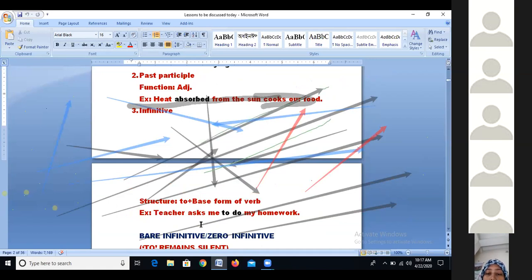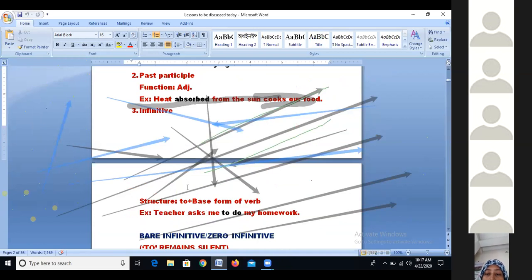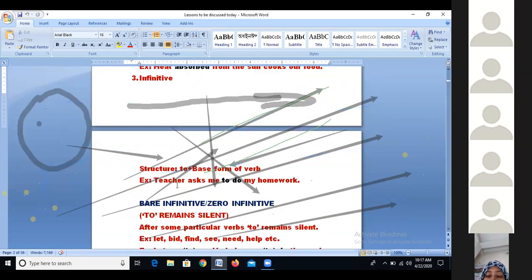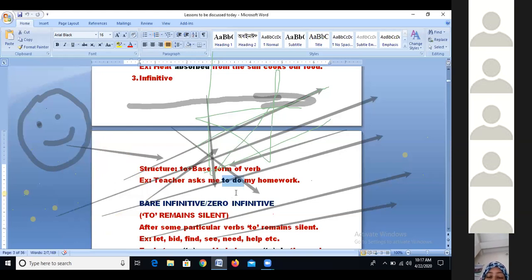To plus base form of verb. Now, example, teacher asks me to do my homework. So here non-finite verb, to do. This is in the form of infinitive. So this is non-finite verb. And which is the finite verb here? Asks.